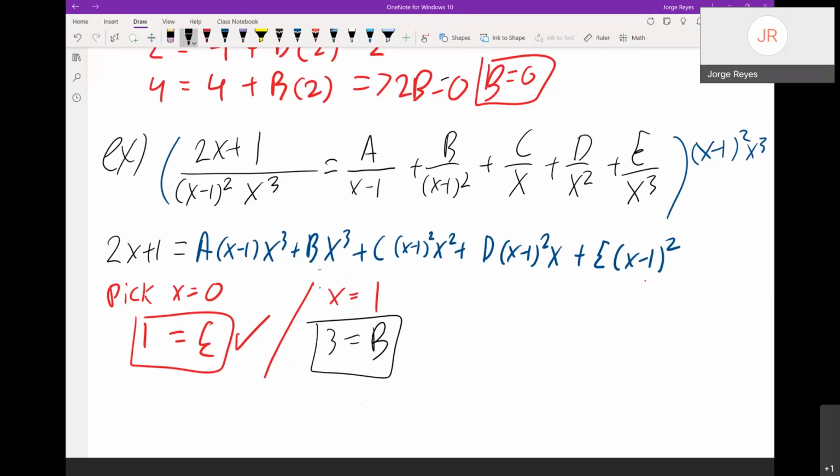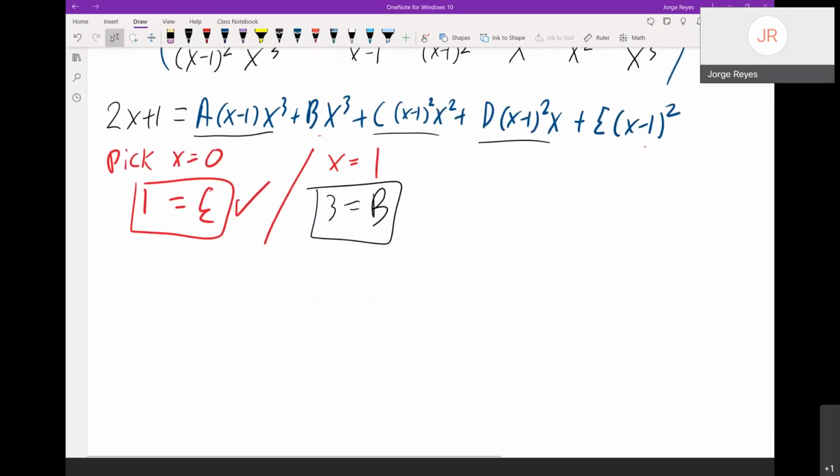And now is when we have to figure out A, C, and D. I'm actually going to figure this out the hard way. What I mean is I'm going to plug in some x's. I'm going to plug in x equals negative 1 and get an equation.